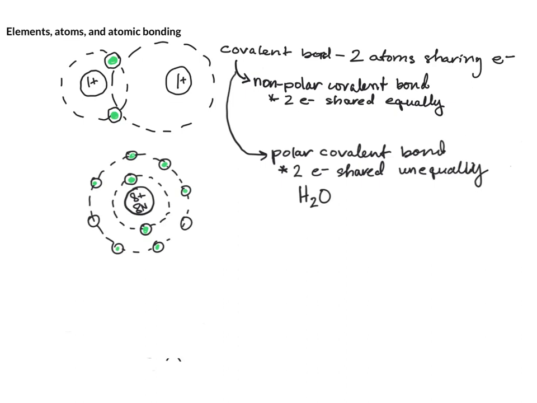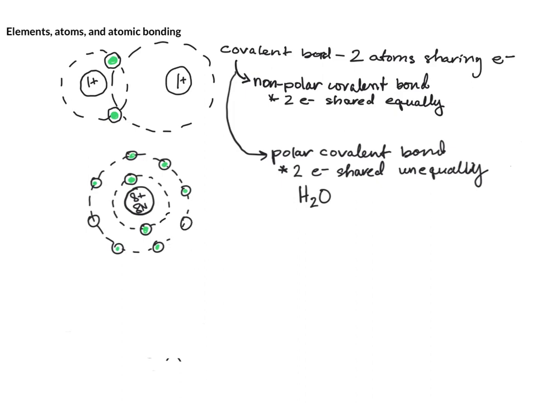So if you count these green dots, you should count up 8. 2 went into the first shell, and then there were 6 to load into the valence shell, which leaves us with 2 empty spots in the valence shell. And the Octet Rule says that can't exist that way. Oxygen is going to tend to usually form covalent bonds to satisfy these last 2.